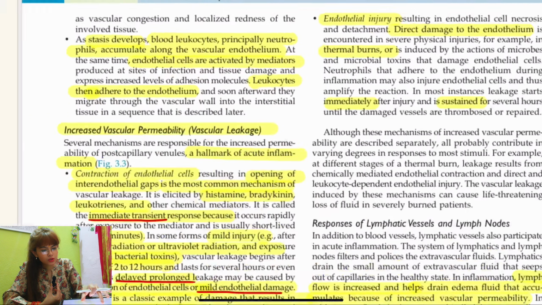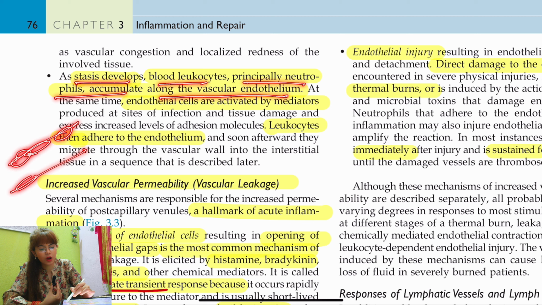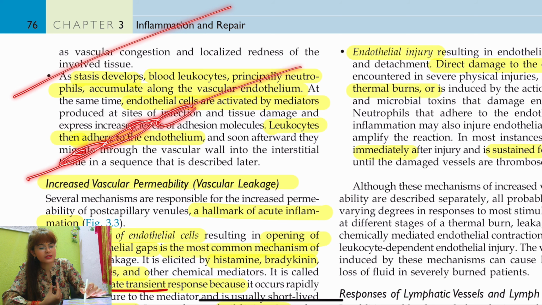Coming to what happens after stasis, the blood leukocytes, mainly the neutrophils, will accumulate along the vascular endothelium. So these cells will now start to marginate. What happens is these endothelial cells are activated by the mediators. If you see, this is the blood vessel and these are the endothelial cells, which are getting activated by the mediators.